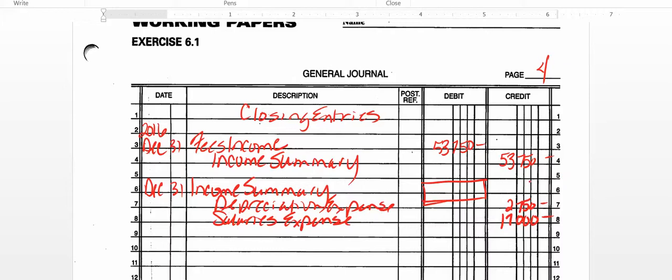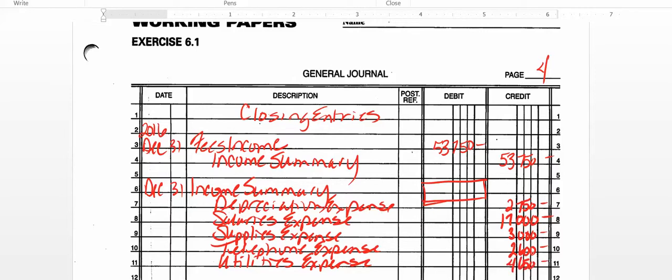And next we have supplies expense. $3,000. Next we have telephone expense. Let's see, $2,600. And lastly, utilities expense. And that is $4,650.